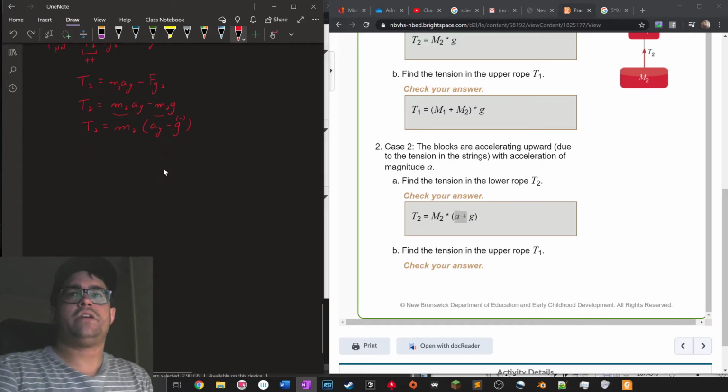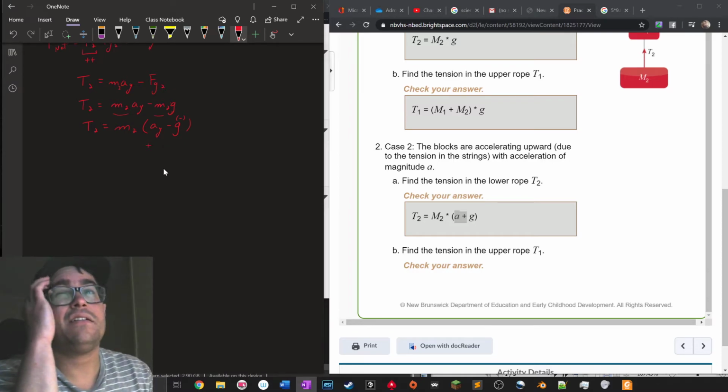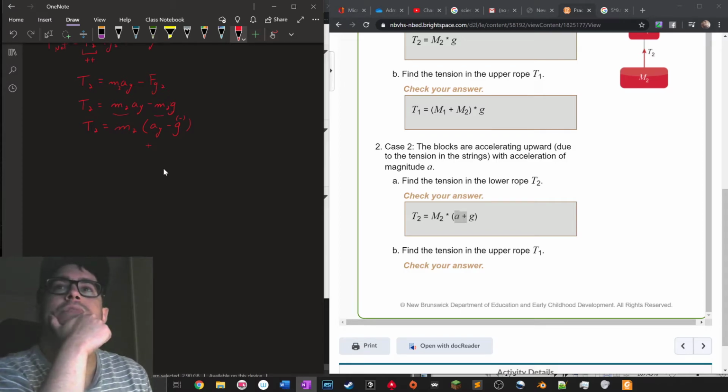If the acceleration is positive, like plus, say plus 100, then this part is also a positive number because minus minus makes positive. So say anything like 9.81, right? Literally adding that up and then multiplying with the acceleration, the mass here.